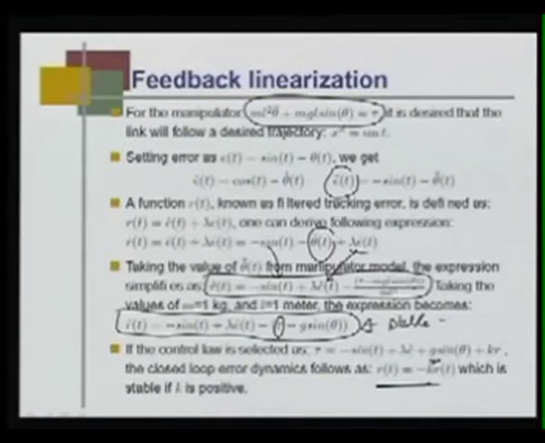This is a very simple feedback linearization, because it is a nonlinear system. We selected tau, the control law, which is this one. If you select this control law, we are able to show that the closed loop error dynamics is given by r dot t is minus k r t. So, this is a stable dynamics.